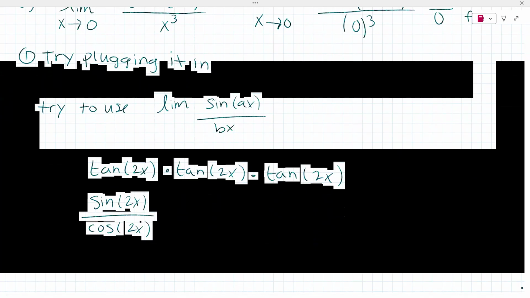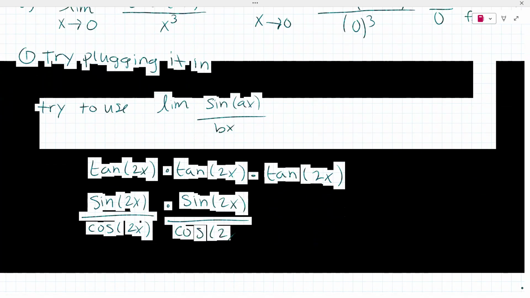And then you have three of them. So it can be sine of 2x over cosine 2x times sine of 2x over cosine 2x.